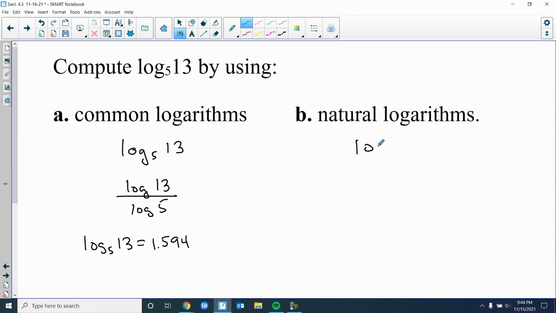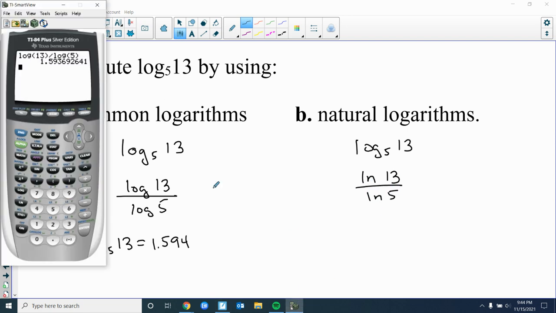So I can say, all right, the log base 5 of 13. If I use natural logs, take the natural log of 13 divided by the natural log of 5. So ln of 13 divided by ln of 5 will give us the same answer.